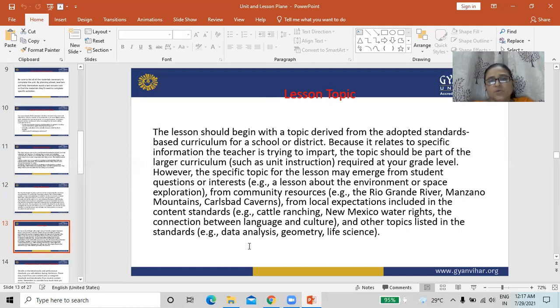So, from the local expectations included in the content standard and other topics listed in the standard.